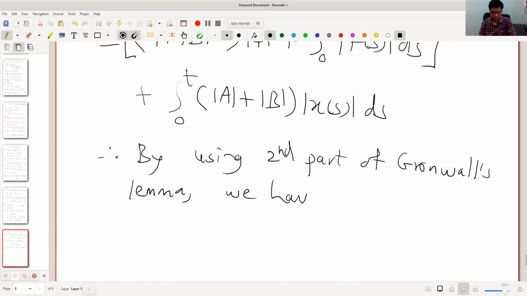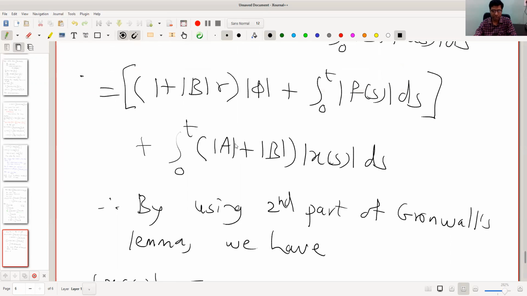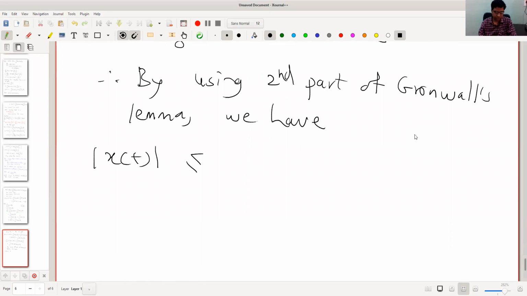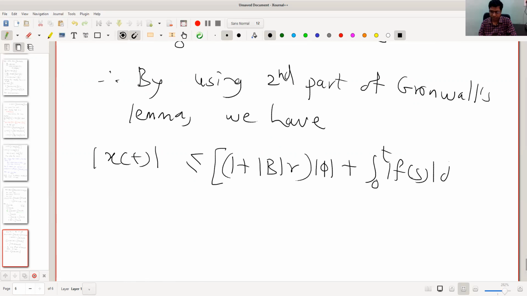we have mod of x of t less than or equal to alpha of t. Alpha of t is this square bracket: 1 plus mod B into r multiplied by norm phi plus integral from 0 to t mod f of s ds.